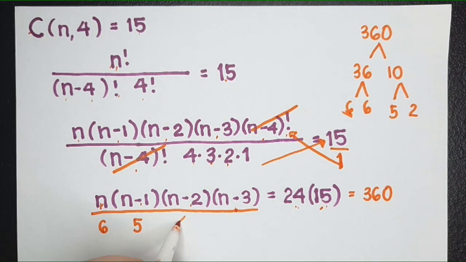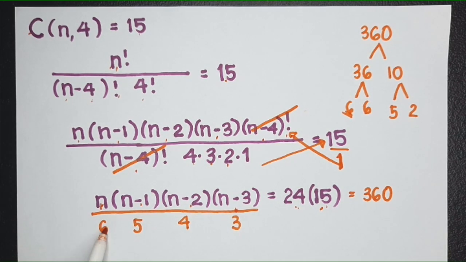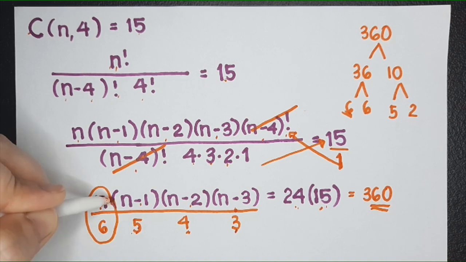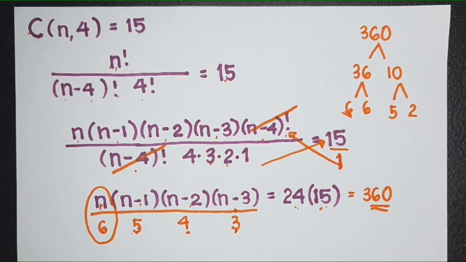Ito, 4. Ito, 3. You multiply. 6 times 5, 30. 30 times 4, it's 120. And 120 times 3, you will get 360. So, therefore, your n is equal to 6.